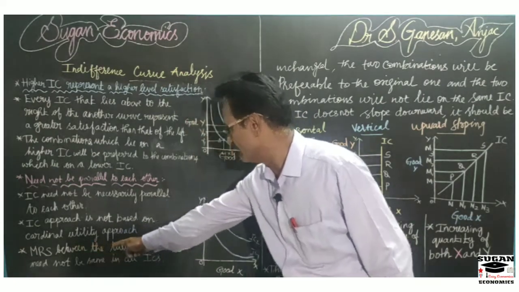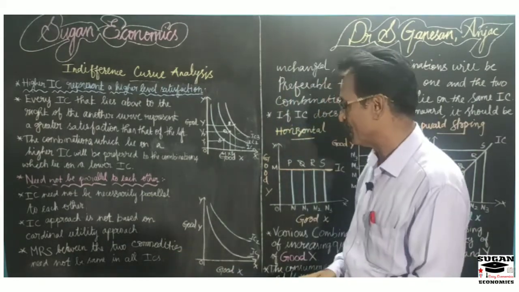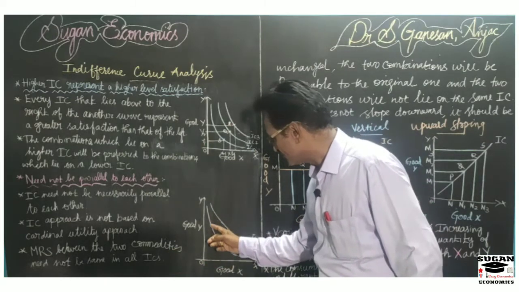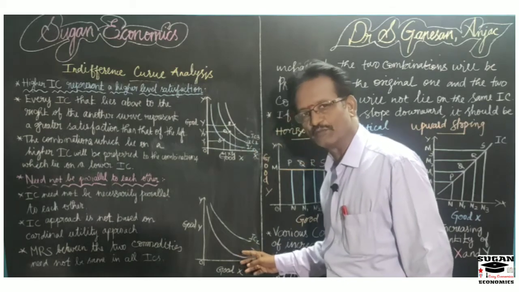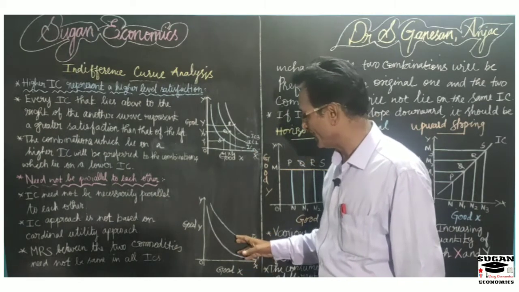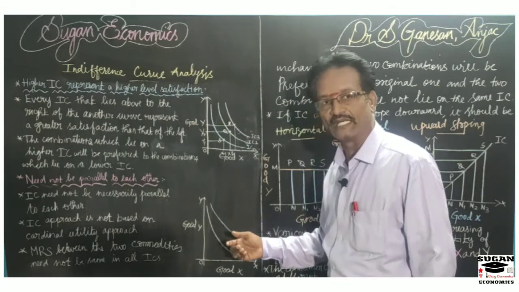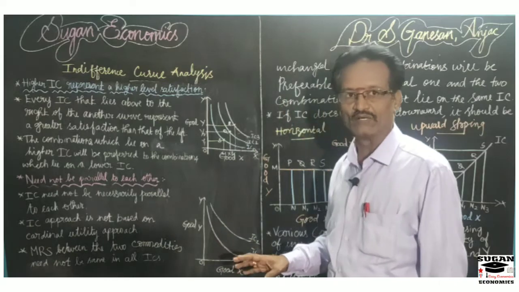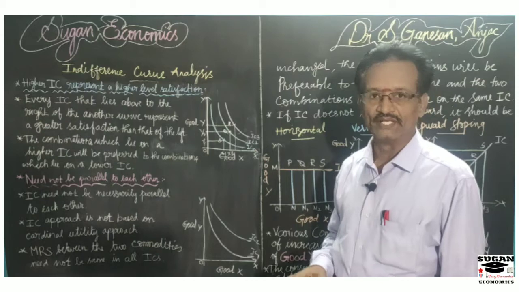The marginal rate of substitution between the two commodities need not be the same on all indifference curves. Here the marginal rate of substitution is somewhat lesser, and here it will be somewhat greater. So the marginal rates of substitution of indifference curves 1 and 2 need not be equal.